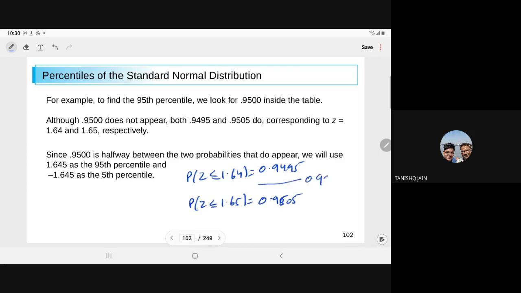So 0.95 lies exactly in the middle of these two. So here we take the middle value, which will be 1.645.